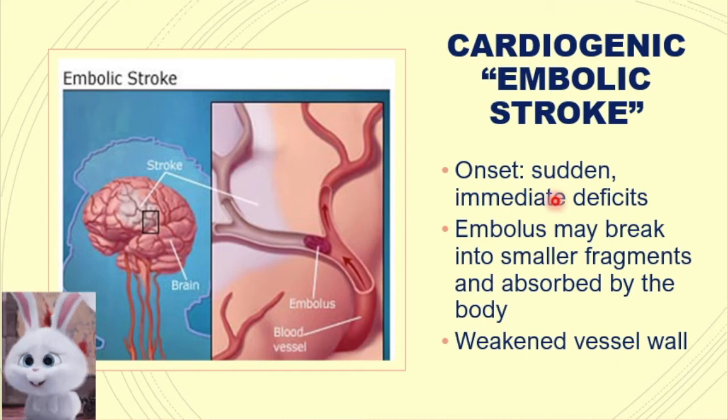When this embolus is not broken down and the symptoms persist, or even if it is absorbed, weakness of the vessel wall would still increase the potential for cerebral hemorrhage due to the weakened vessel wall.